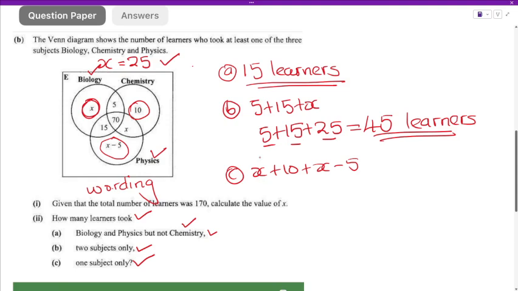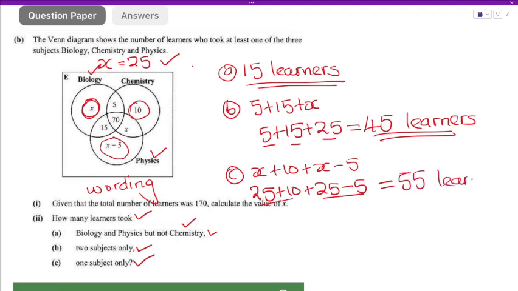Then substitute the value you found for x in your expression. So where there's x, I'll put 25, and then plus 10, plus 25 again, there's another x there, then minus 5. When I simplify, this will give me 35 and this will give me 20. So 35 plus 20 is 55. 55 learners, and you are done.